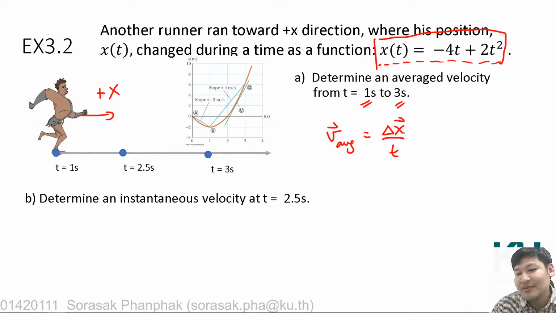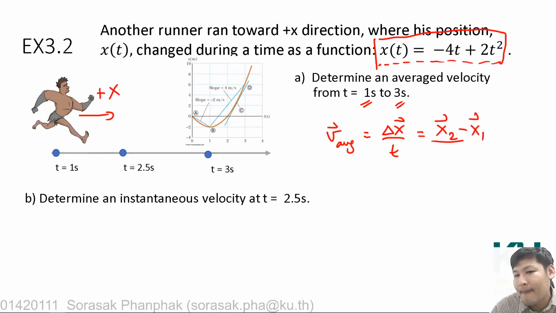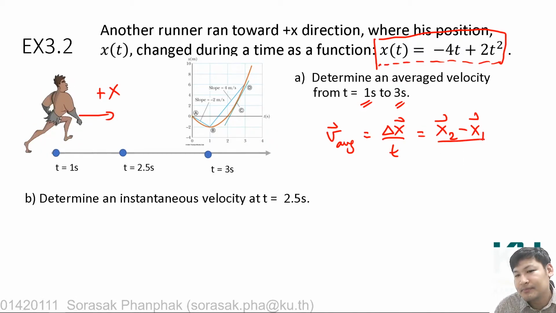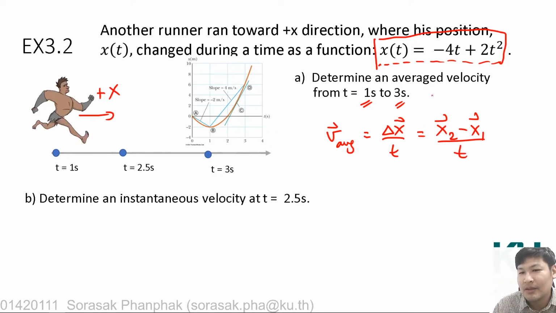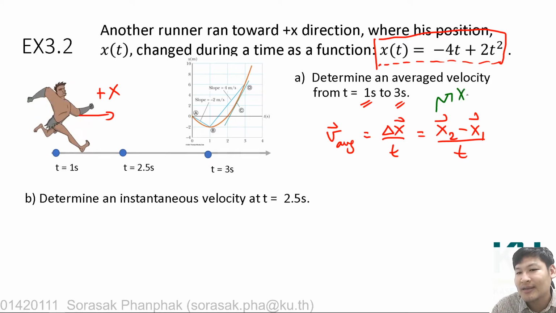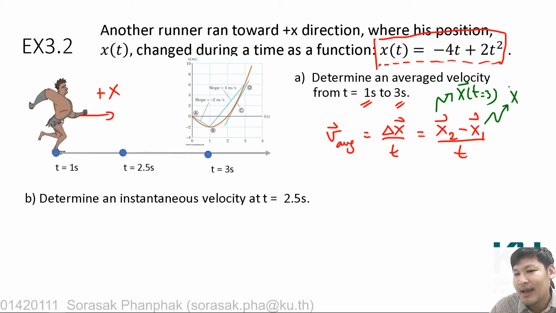The displacement is the difference, you can see the delta is the difference of x from position 2 to position 1, and divide by time. So your job is to find position 2 and position 1, which is x at t equal to 3 seconds, and x1 is x at t equal to 1 because it's 1 second.